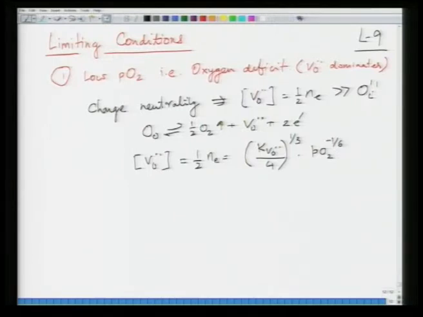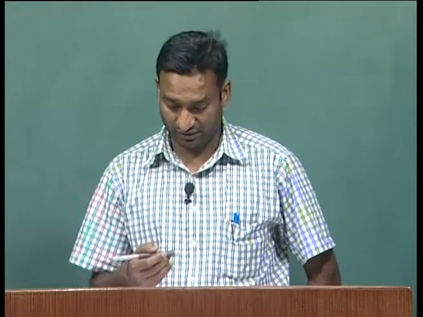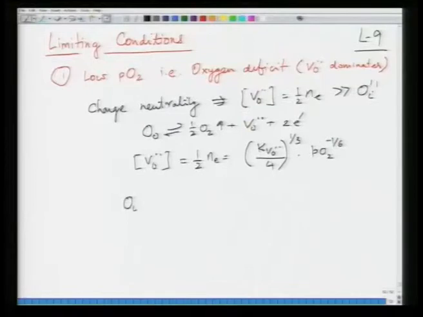Now, since VO is the dominating defect, what is the concentration of OI? The concentration of OI will be governed by the Frenkel disorder reaction. So, OI will be Kf divided by VO.